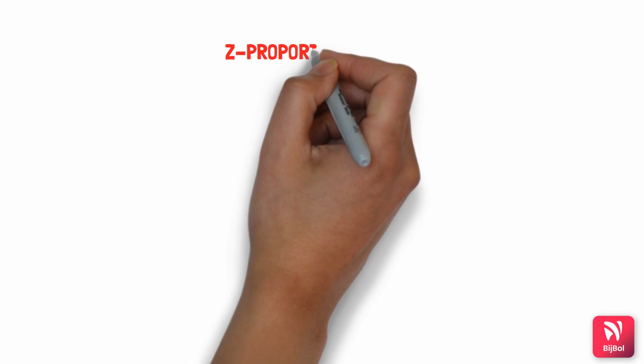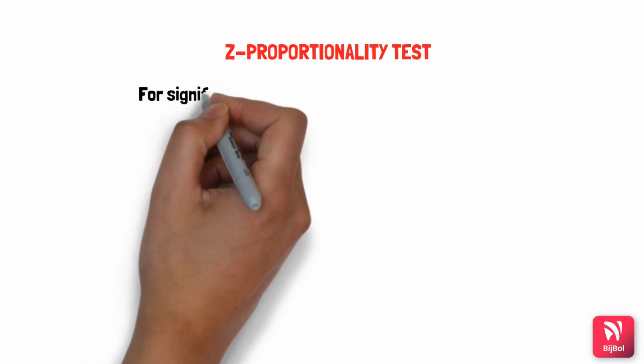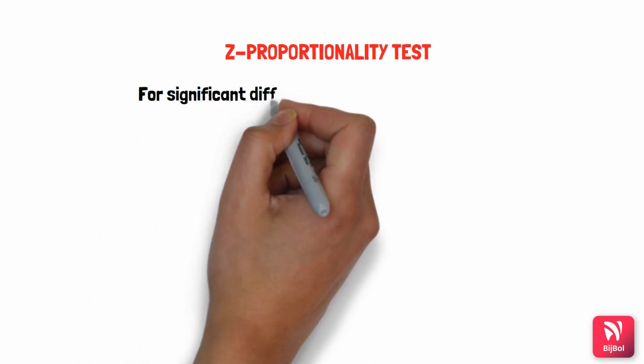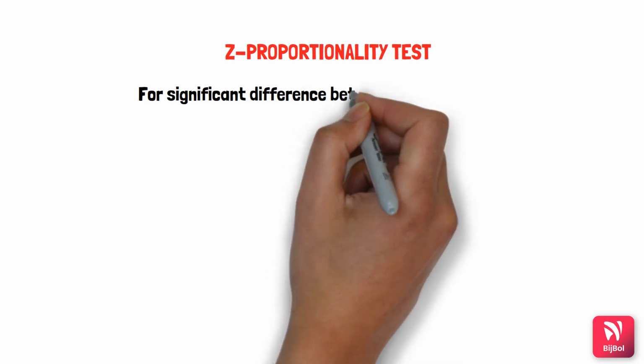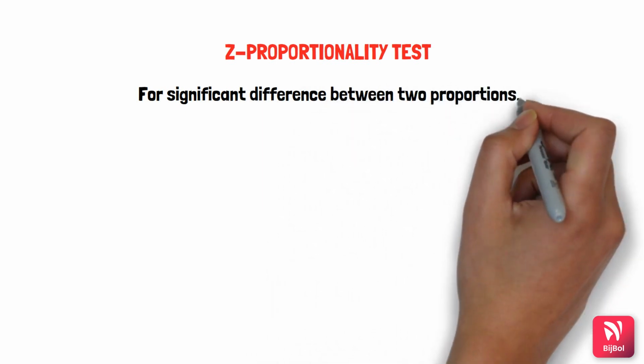Now the next one we have is the Z proportionality test. Instead of means, suppose we have proportions, then you go for the Z proportionality test, that is, for testing the significant difference between two proportions.